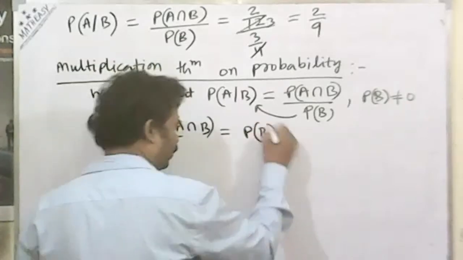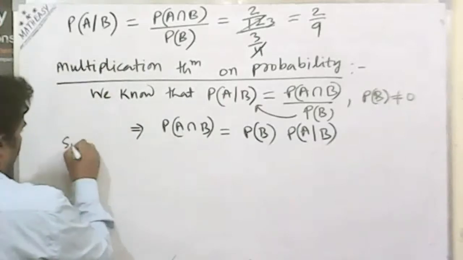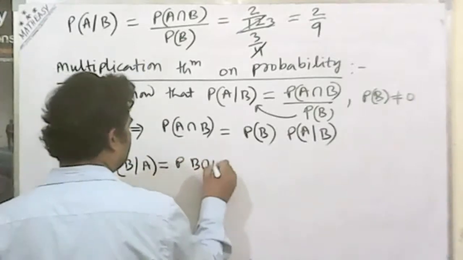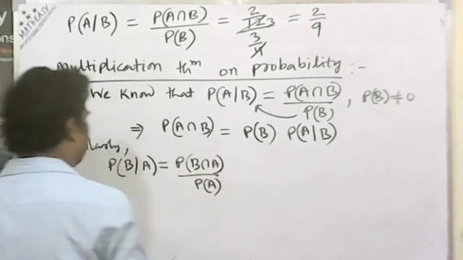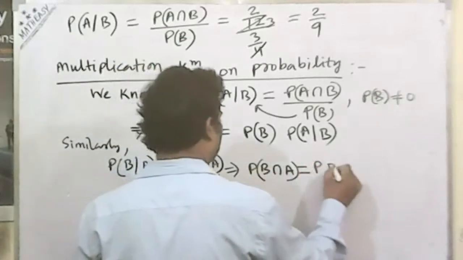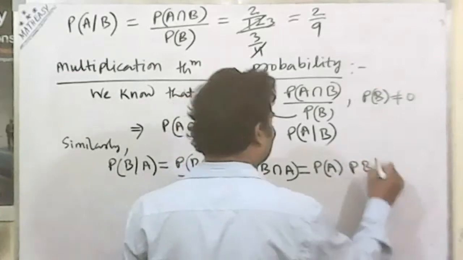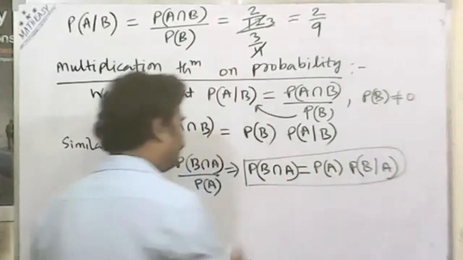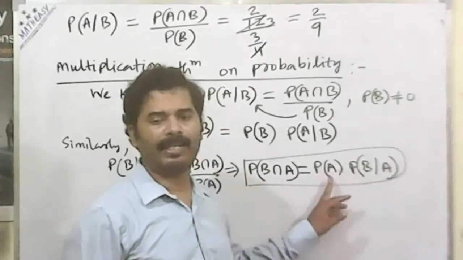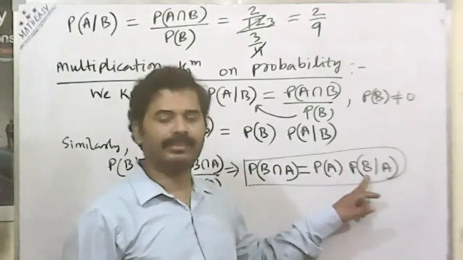It means probability of B is the first drawn, second drawn is A, and the condition is B. Similarly, probability of B given A, B intersection A, is the probability of A. So probability of B intersection A is equal to probability of A first, then probability of B given A. Here first draw is A, and second draw is B. After the first draw, A drawn, if you want to draw B, then A is the condition.